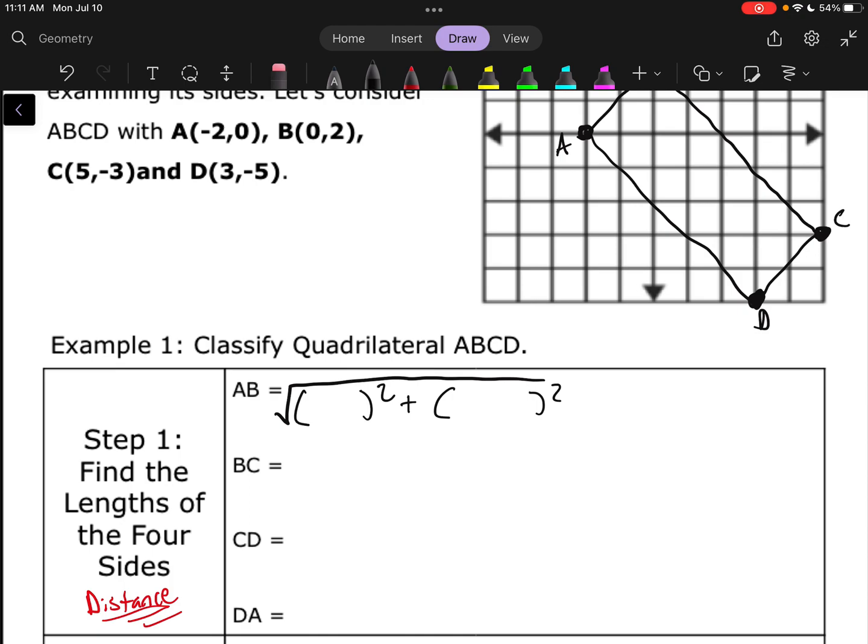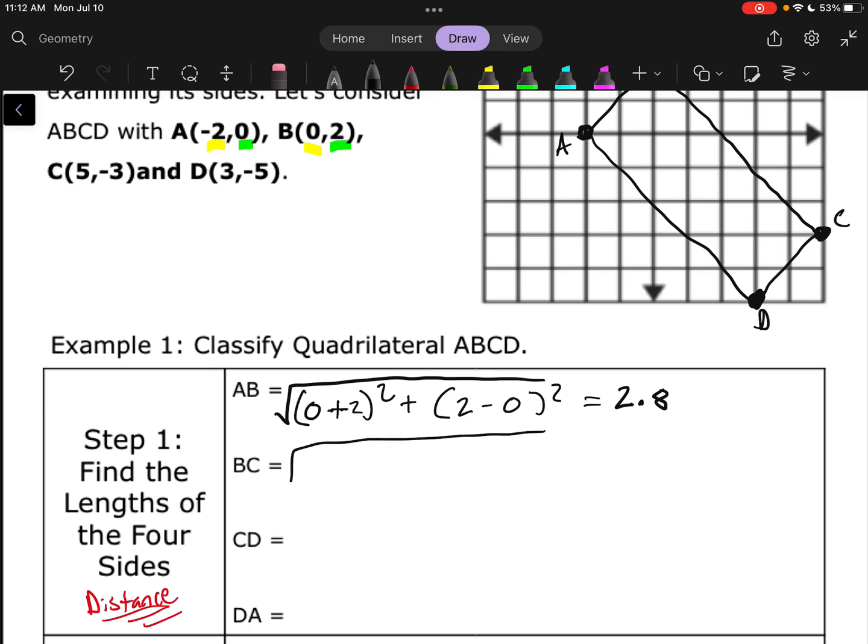So for our x's here, I'm going to be doing 0 minus -2, which would turn into 0 plus 2 squared. And then we'll be doing y2 minus y1, so 2 minus 0. And if we do that, we should get about 2.8 if I round to the nearest tenth.